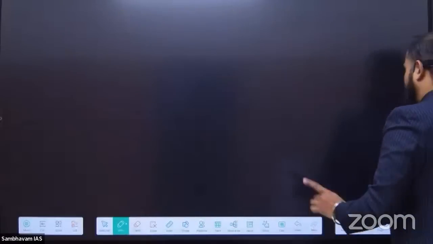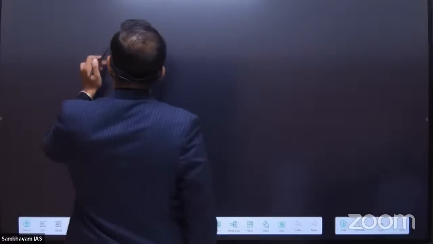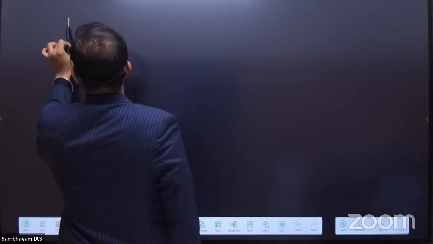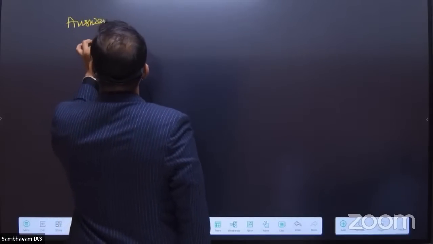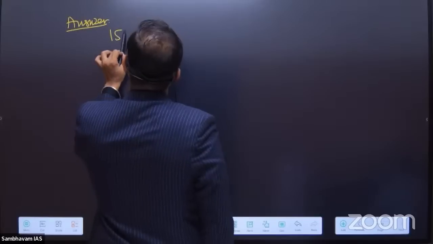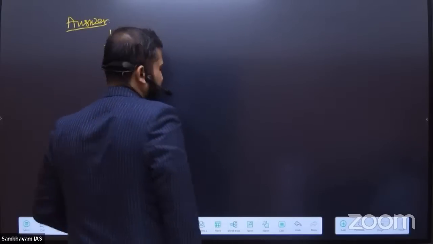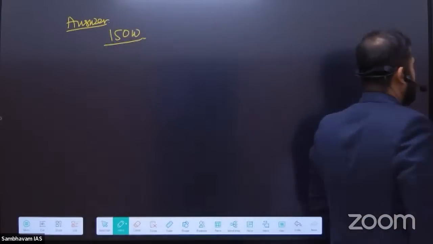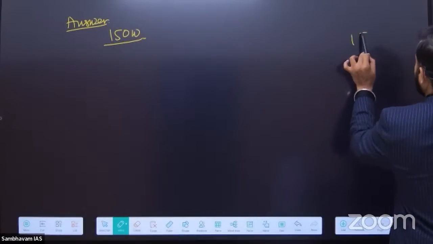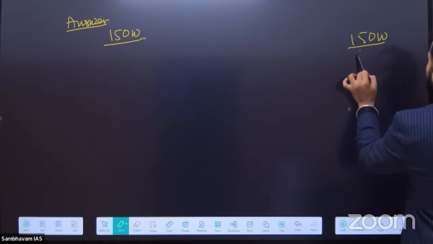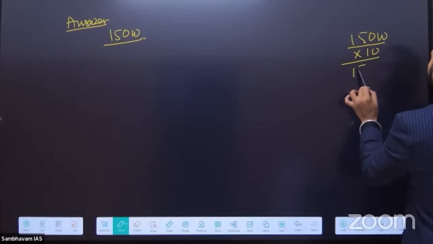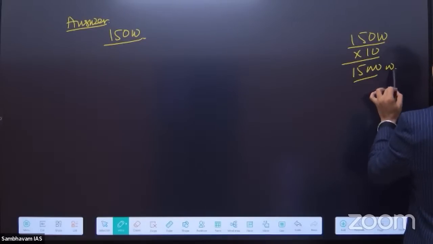Now, basically for answer writing, suppose an answer will constitute 150 words. Accordingly, you calculate. You will see in the examination hall, if you're writing 150 words for 10 questions of that sort, that is 1500 words.